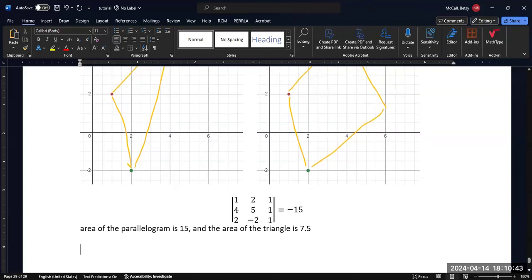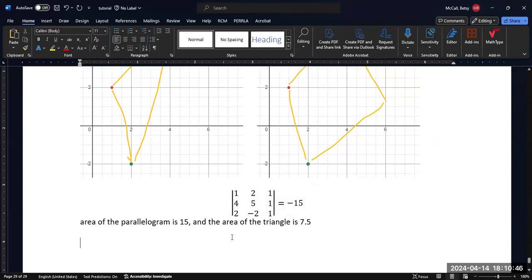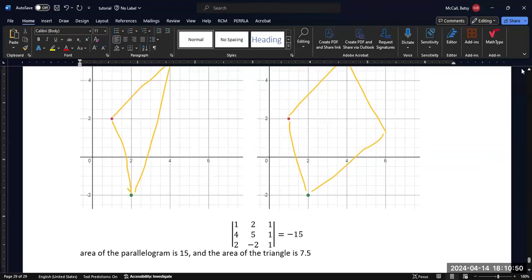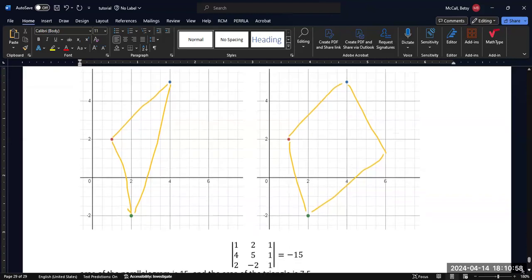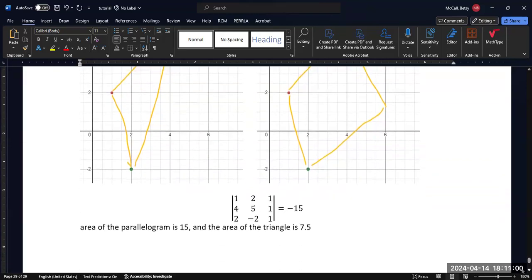Now, if I want to do this by vectors, then I just need to calculate the differences between pairs of points. So, for instance, this is 1, 2. What is the vector that connects 1, 2 to 4, 5?